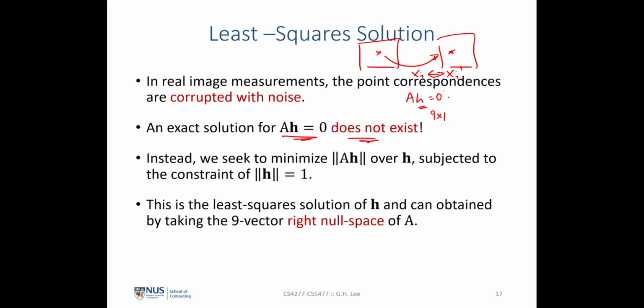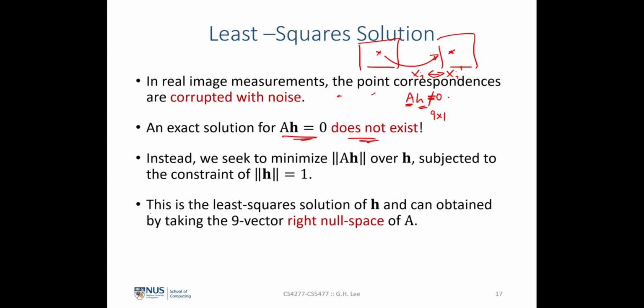This means that even if I get the best h over here, after I solve for h using the 4 point correspondences, and I plug this h back into this equation with the 4 point correspondences that form A over here, it's not going to equal 0, because all my correspondences are actually corrupted with some sort of noise.